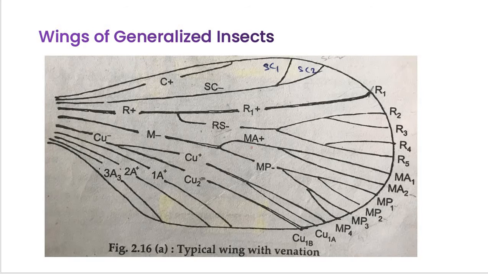Depending on the type of wings, insect classification is there. Usually, except for some orders, most orders of insects have two pairs of wings, right? So typically the adult insect has two pairs of wings.